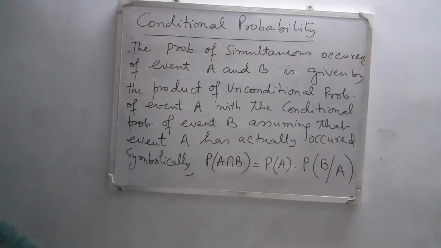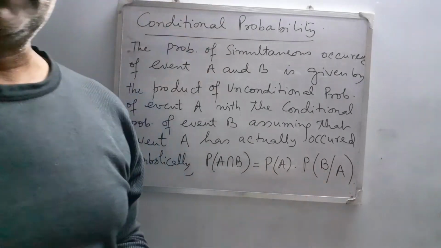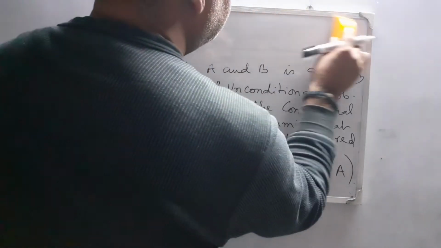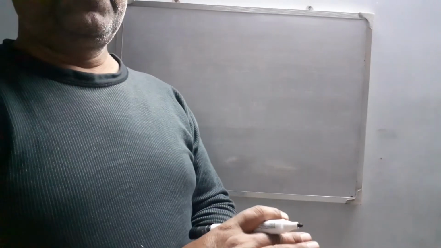We will explain it one by one. First of all, we have to explain the symbol P B slash A, what it means. Whenever there are two events and the occurrence of one event depends on the occurrence of the other, the two events are called dependent events or conditional events.